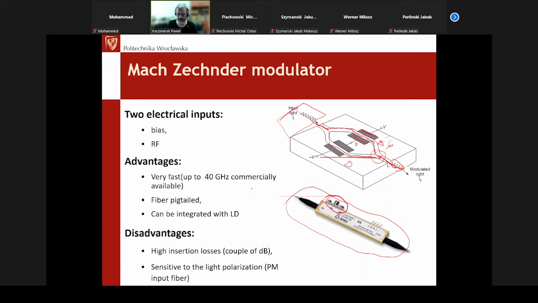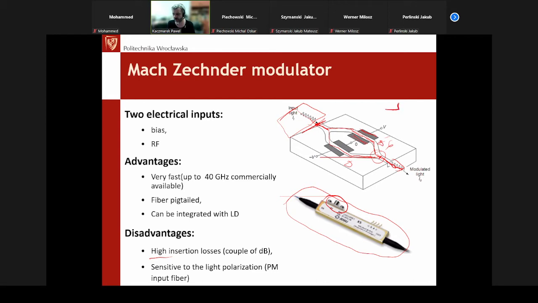What else? So these are advantages. Disadvantages, of course, they have a couple of them. High insertion losses, especially regarding this fiber coupling, because planar fiber typically has a different mode shape. For example, it isn't Gaussian because of the geometry of this planar fiber.